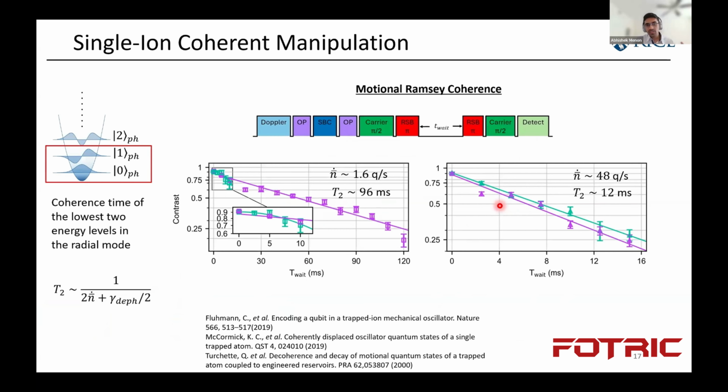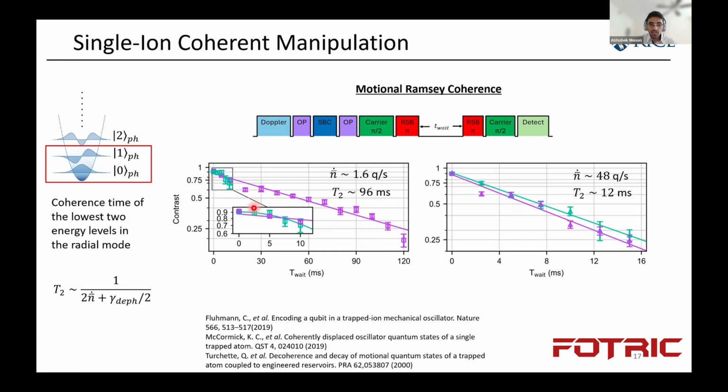And the other thing was, as I mentioned earlier, this heating rate is supposed to allow very high coherence times, and the coherence times meaning the coherence time between the lowest two, say, rungs of the harmonic oscillator. And so initially, when we just probed it without any decoupling sequence, we got to about only 23 milliseconds for the radial mode with the low heating rate.